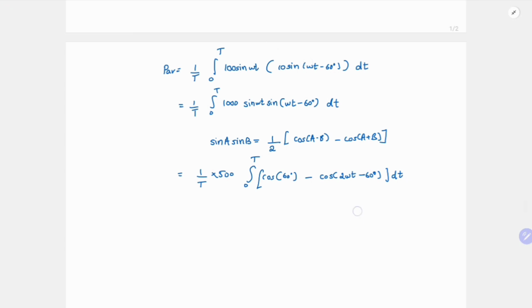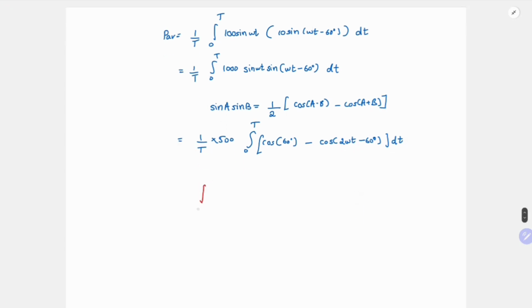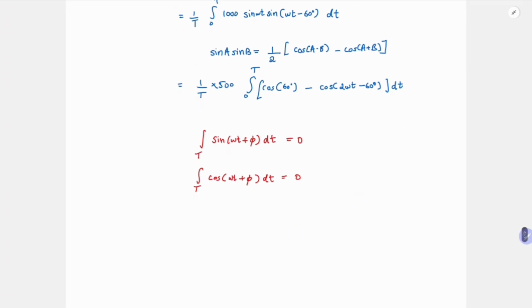Another concept you need to know is the integral over one time period of cos or sine. So sine of omega t plus any constant angle phi into dt is equal to 0. Similarly, if it is cos also, it will be equal to 0. Why is this?